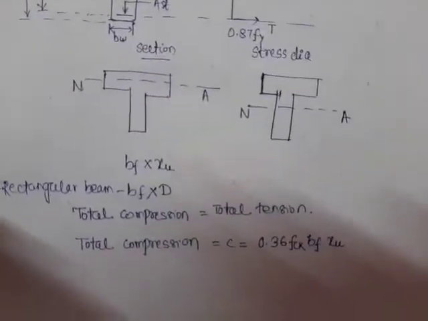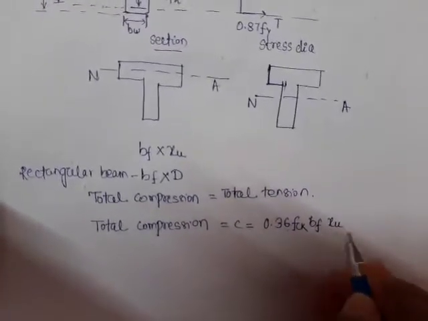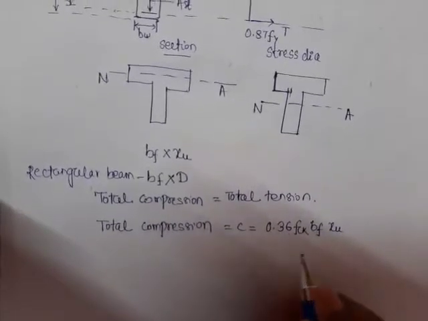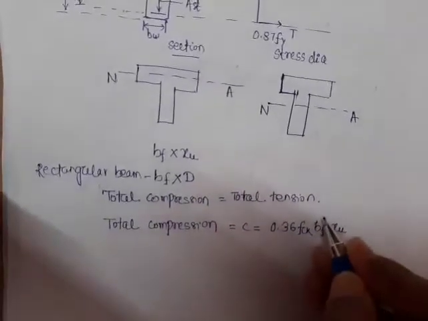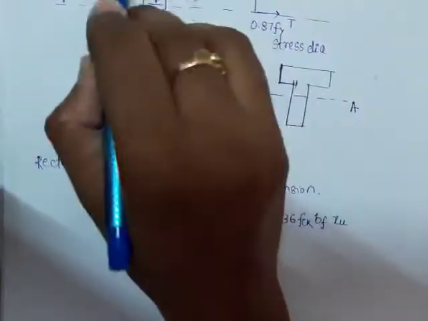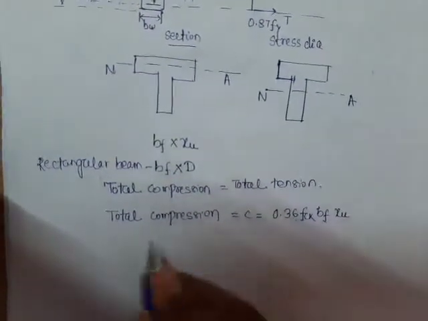In case of a rectangular beam, it was 0.36 FCK B into XU. But in case of a flanged beam, when the neutral axis lies in the flange, the portion available for carrying the compression is BF into XU. So in place of B, we can write BF into XU.